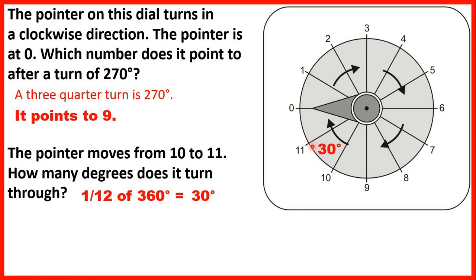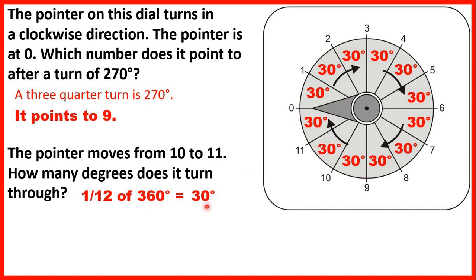When it moves from one number to the next, that's a turn of 30 degrees, because if we have 12 turns altogether, 12 times 30 is 360, and 360 degrees is a turn all the way around.